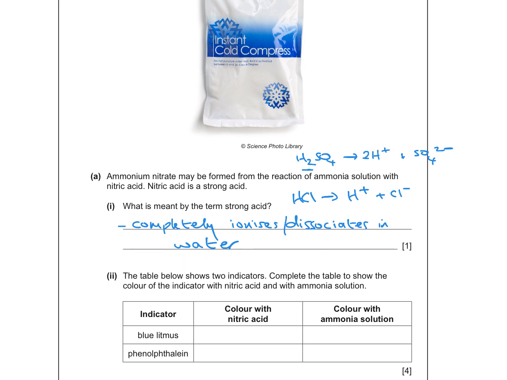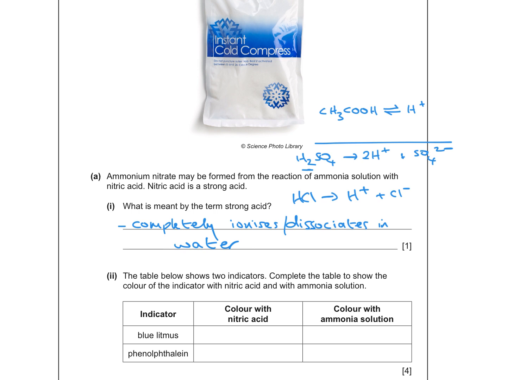A weak acid only partially ionizes. So if we were doing an equation for a weak acid, we would use a reversible arrow. An example, I'll just do it up here, would be ethanoic acid that you would find in vinegar. So that's the formula of ethanoic acid. I use a reversible arrow, and then I have my H plus, because it's still an acid.